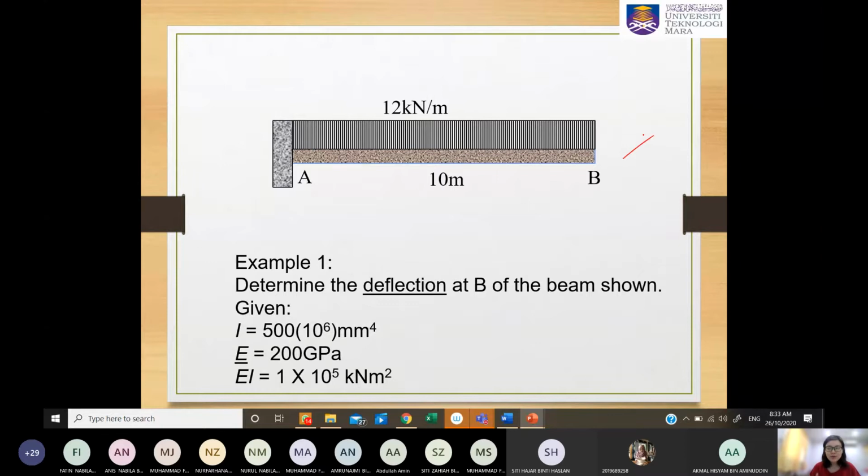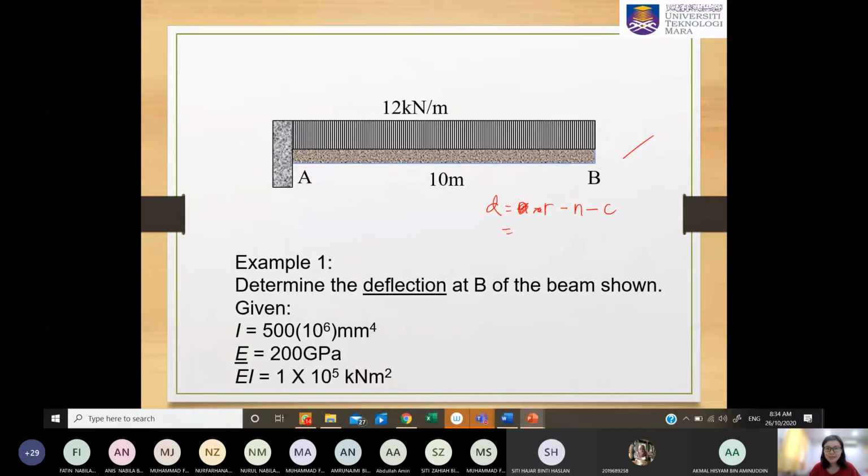First of all, you need to make sure this is a determinate system. What is the equation? N minus R minus N minus C. R is the support reactions.